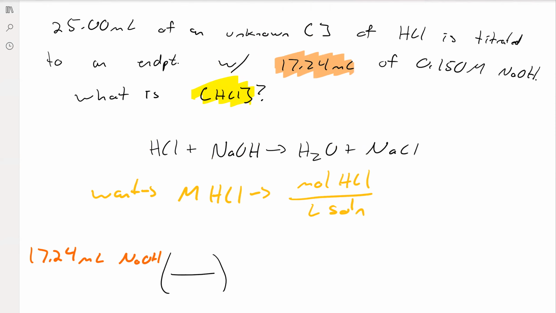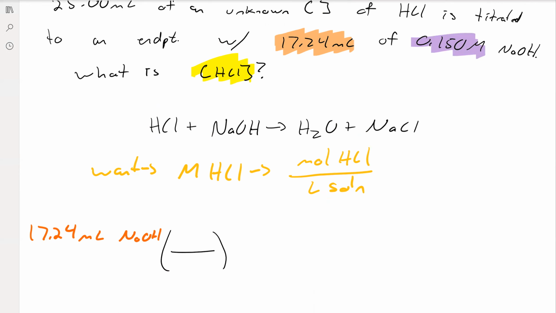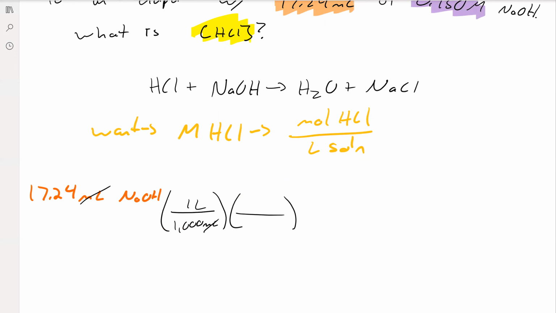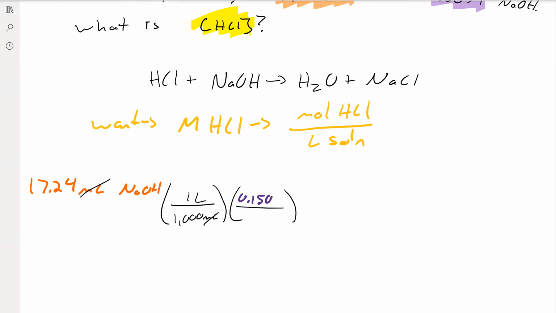You think about what else we know about the sodium hydroxide. Well, we know its concentration, but we know molarity is moles per liter, and we're in milliliters right now, so naturally you want to convert to liters. After that, we can use our concentration, so 0.150 moles over 1 liter.